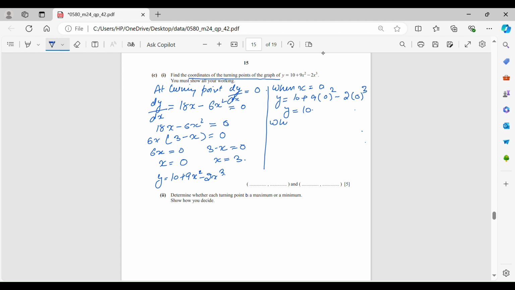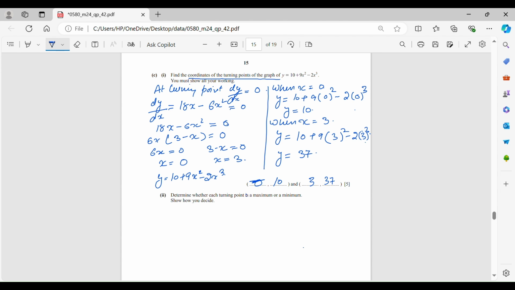Now when x equal to 3, then y will be equal to 10 plus 9 bracket 3 square minus 2 into 3 cube. So we will use the calculator here. We will find y will be equal to 37. So our two coordinate points will be, one will be 0 and 10, other will be 3 and 37.